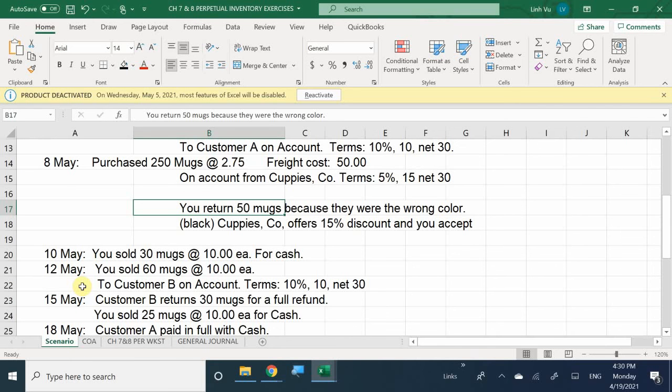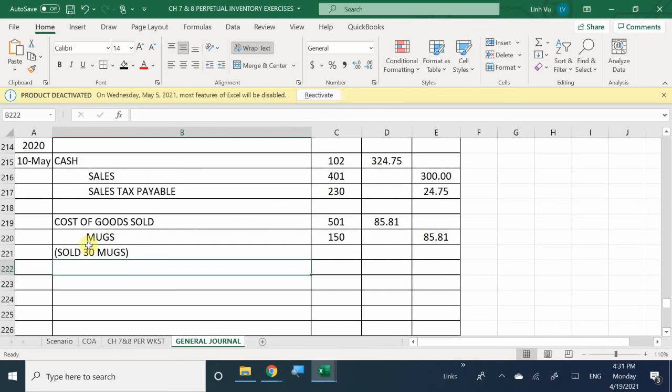So then, what has happened next on May 12th? Sold 60 mugs. Okay. To who? To customer B. Okay, we sold 60 mugs at $10 each to customer B on an account. Okay. So, once again, let's journalize our foundation first.